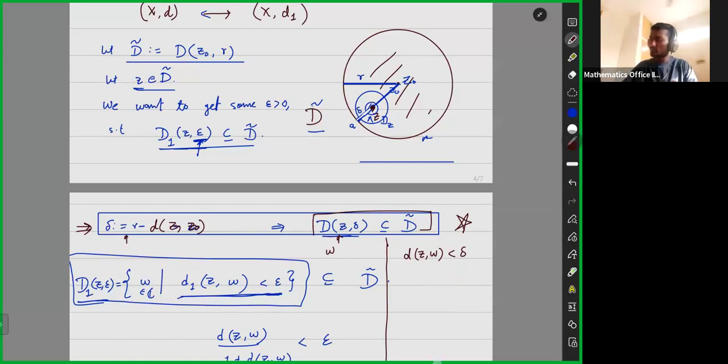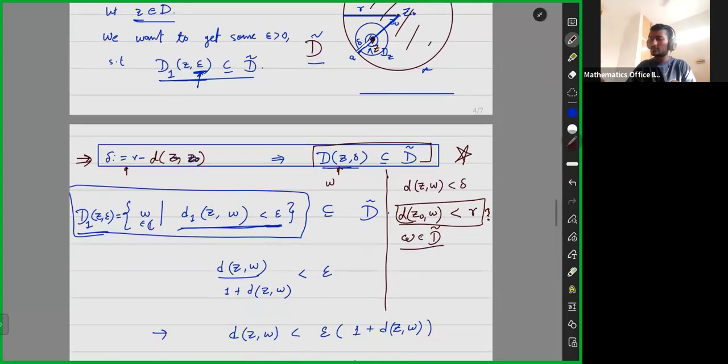Now calculate the distance between z naught and w. If it is less than r, then w belongs to d. This is what we want to check. Break it into two steps and use this hypothesis.